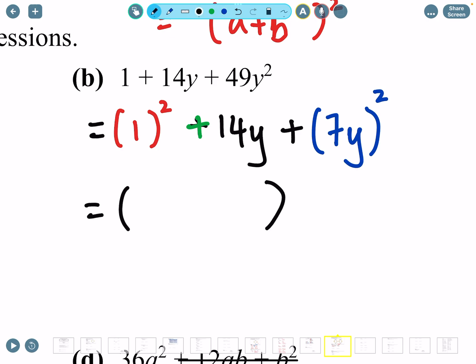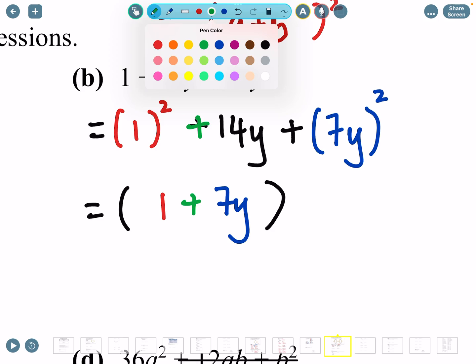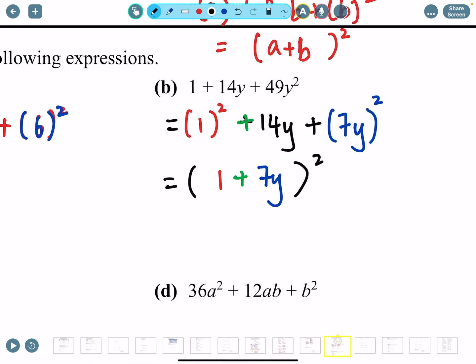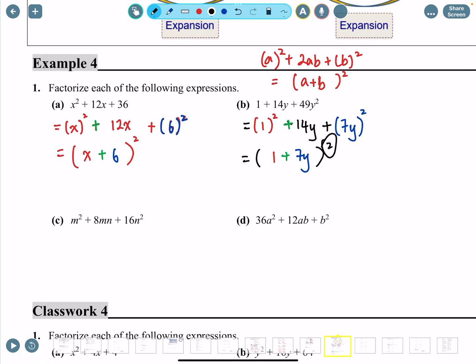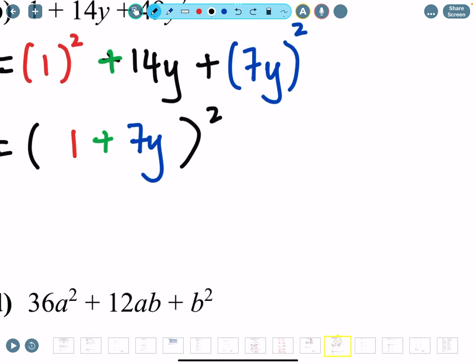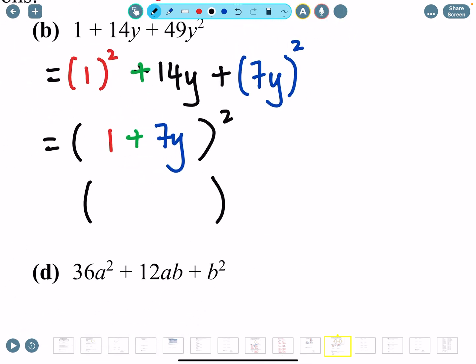So what happens is, in this bracket over here, when you change it to the identity, a squared plus 2ab plus b squared will change into (a plus b), 7y. And then this one has a square on the bracket. So don't forget this square. It's quite different from the last one. Before we would go a plus b, a minus b, right?